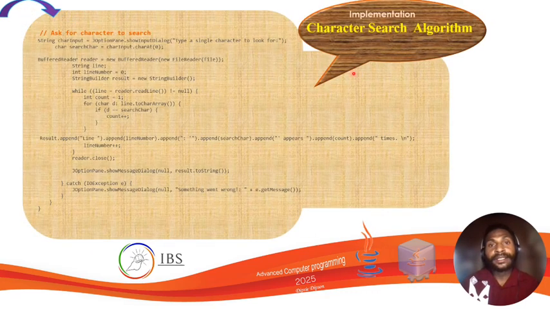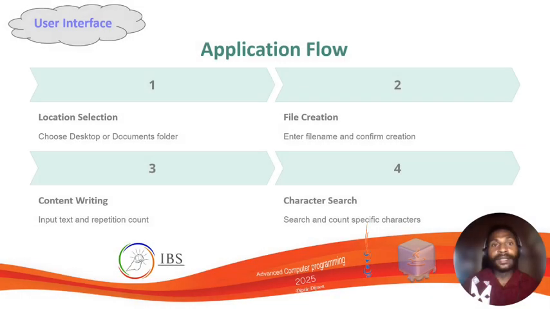Let's move on to the next slide, which is the character search algorithm. In this step, the user inputs a single character to search for. The program reads the file line by line, counts how many times the character appears, and displays the result per line.